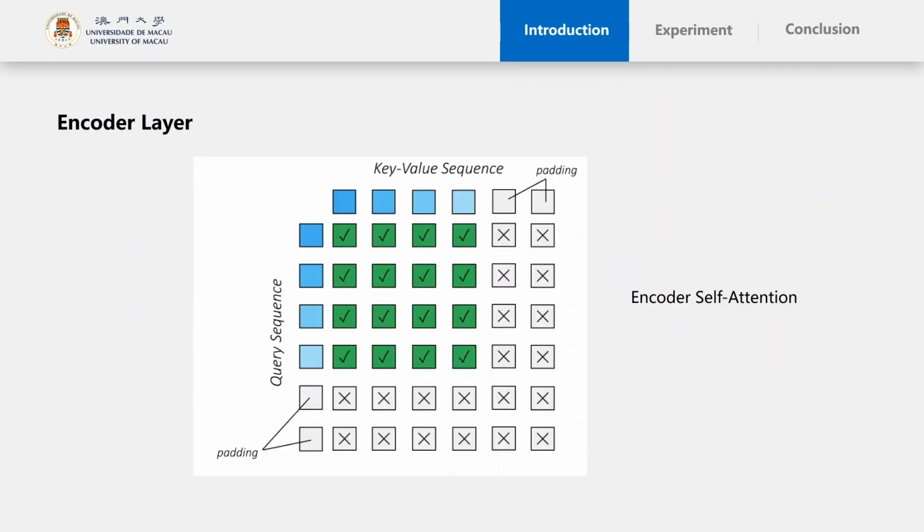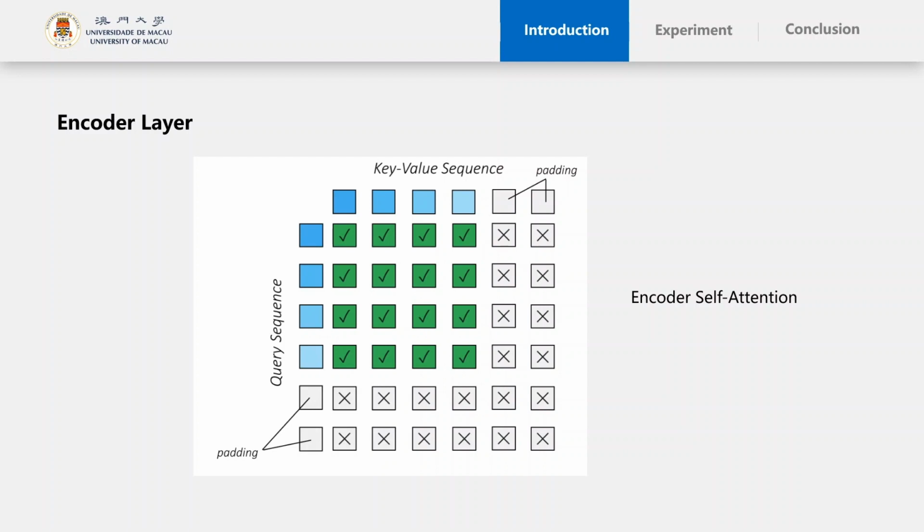We can see this figure, and this is the self-attention layer of the encoder layer. We can see the green part and the white part. The white part is the padding token. Why does it use the padding token? Because in one batch, many sentences have different lengths, and the padding token is used to keep the same length across one batch.